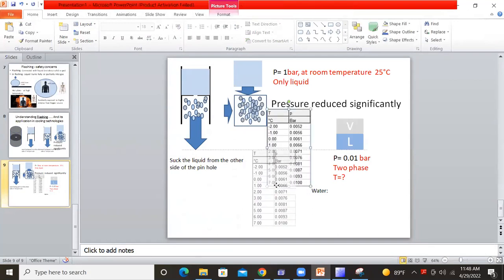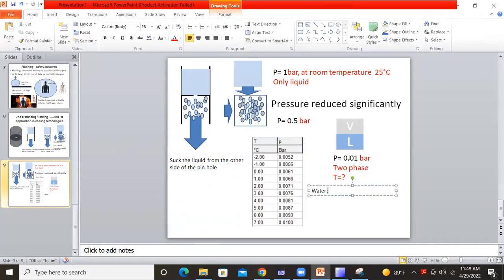That's why sometimes we need data. So to be realistic, I take here 0.01. So water temperature becomes 7 degrees Celsius.